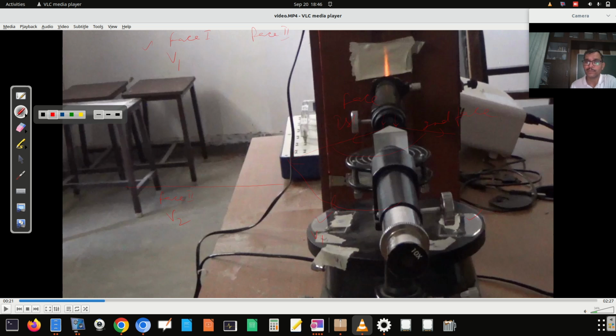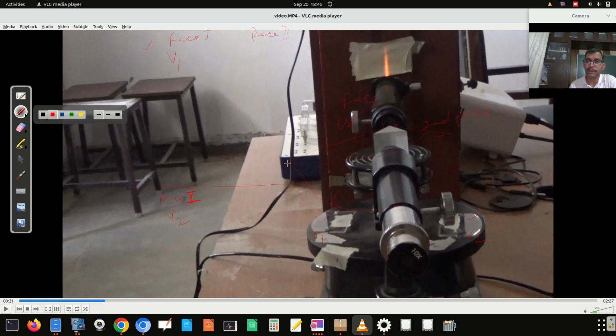This is V1 and this is V2. Sorry, it is the first phase, right? It is not the second phase, because I am looking at this phase from the telescope at this position. So when the telescope is at the phase 1 position, we will take the reading of Vernier V1 for phase 1, and similarly we will take the Vernier V2 reading for phase 1.